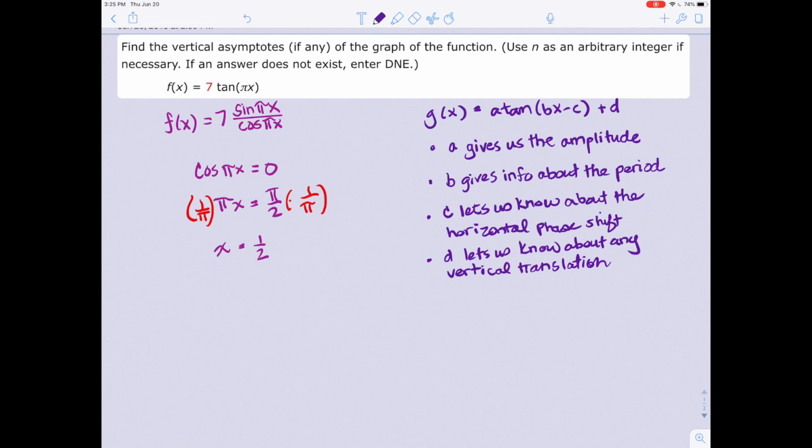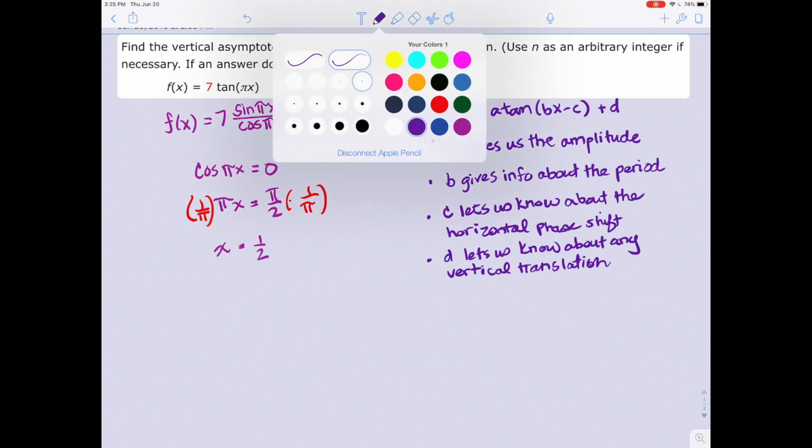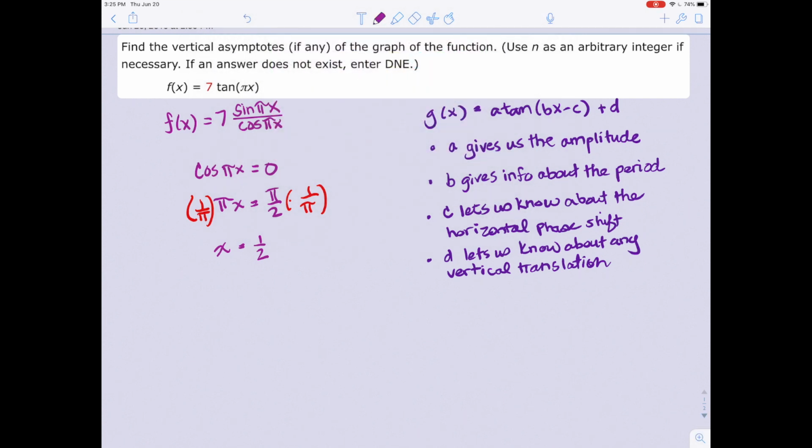So we're going to divide the period, which is pi, by the absolute value of b. In our case, that would be pi divided by absolute value of pi, because right here we have the pi x. Right, so that's our b. And so this is where we're plugging it in.